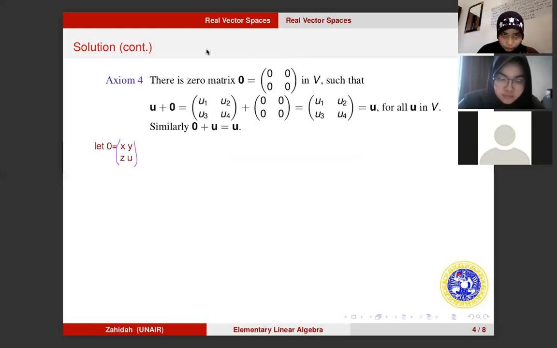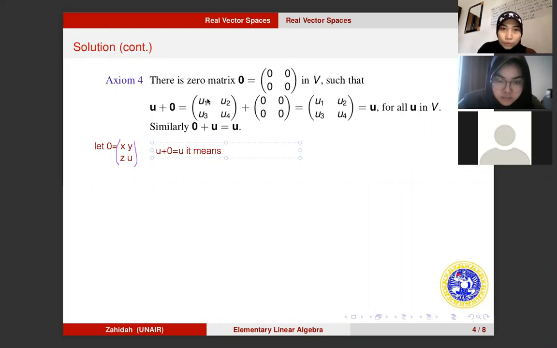And then later, we can conclude that x, y, z, and u are all zero. From where? Because we have U plus 0 equals U. It means we have our equality here.